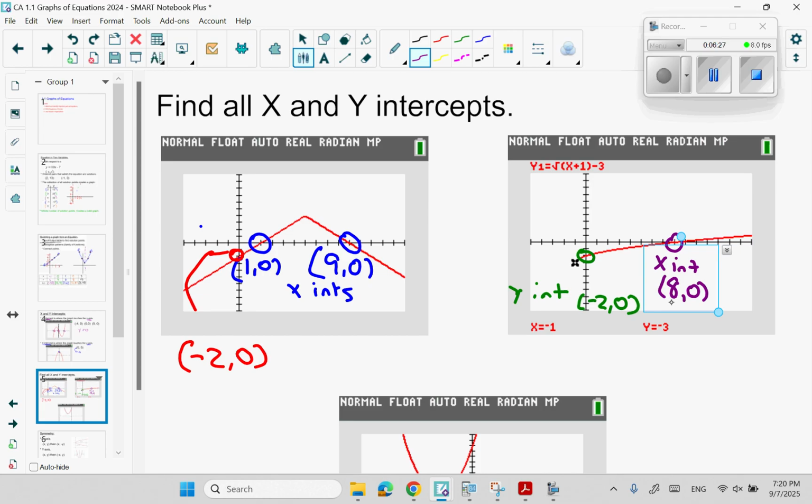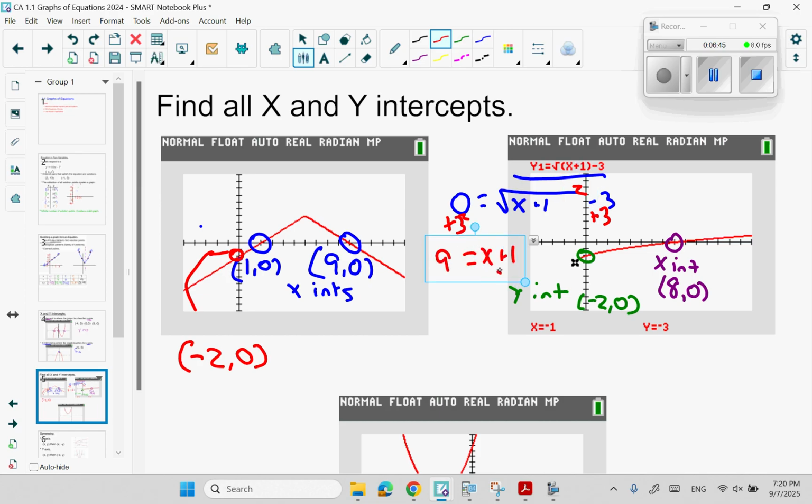Yeah, that makes sense because I actually have an equation for this one. So I could plug in 0 for y: 0 equals the square root of x plus 1, minus 3. Of course, we would add 3, square both sides. So 9 equals x plus 1, minus 1, minus 1. X equals 8. Yeah, that makes sense.